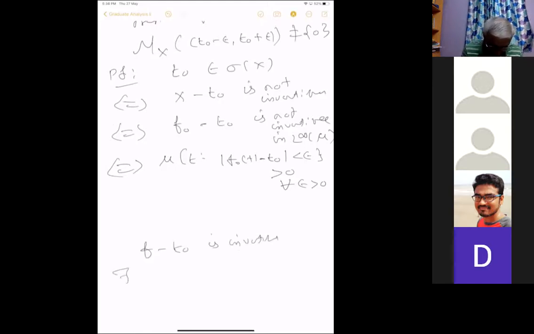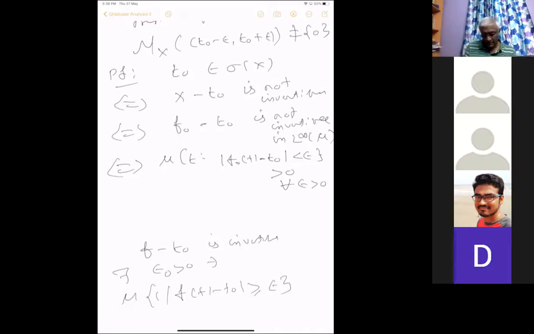That is equal to saying there exists an epsilon naught such that f naught t minus t naught is greater than or equal to epsilon naught, mu of this, is true almost everywhere. This is the definition of invertibility.